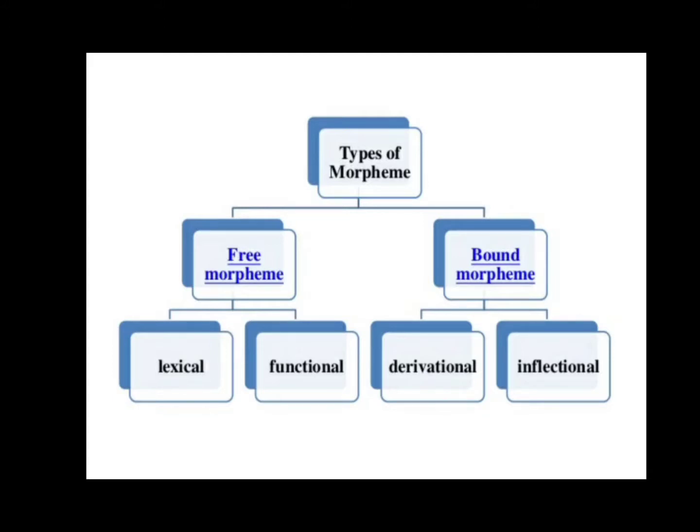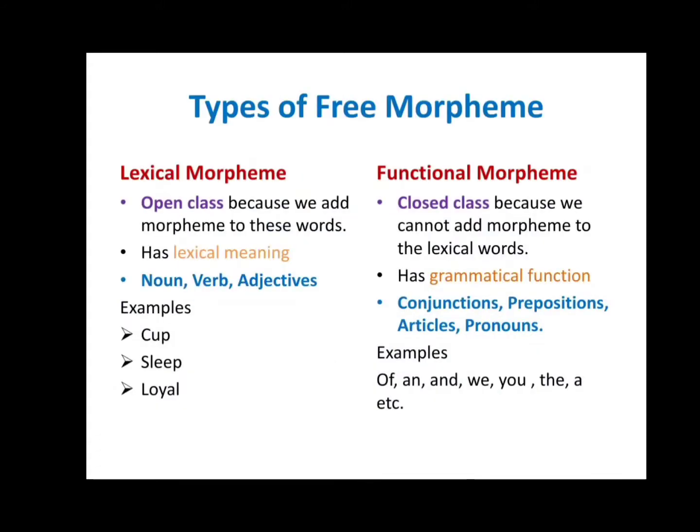Free morpheme is divided into two categories: lexical morpheme and functional morpheme, and bound morpheme is divided into two types: derivational morpheme and inflectional morpheme. Firstly, we discuss the types of free morpheme. Lexical morpheme is an open class because we can add morphemes to these words.